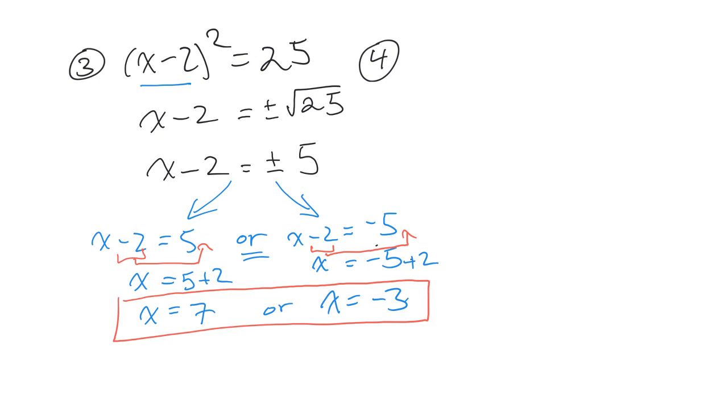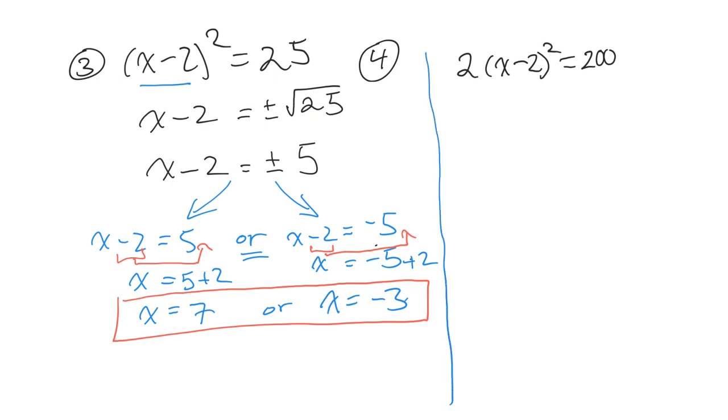So now, imagine I have a problem like this. Same problem again, but I have a 2 in front of the bracket, and I have 2 times x minus 2 squared is equal to, say, 200. So here we go again, same problem. And now we have 2 times x minus 2 squared is equal to 200.